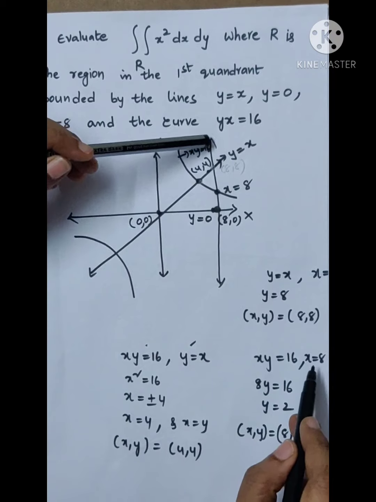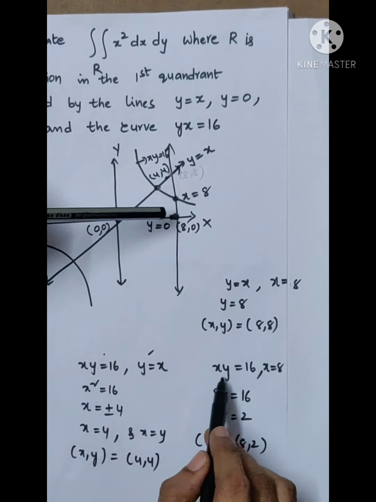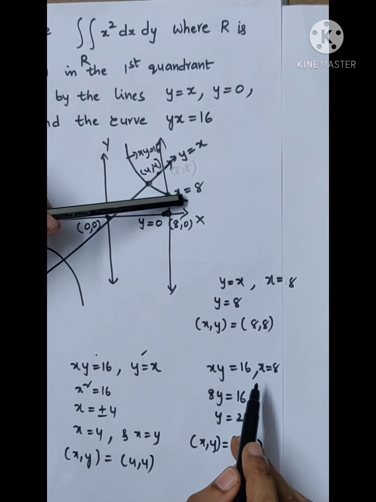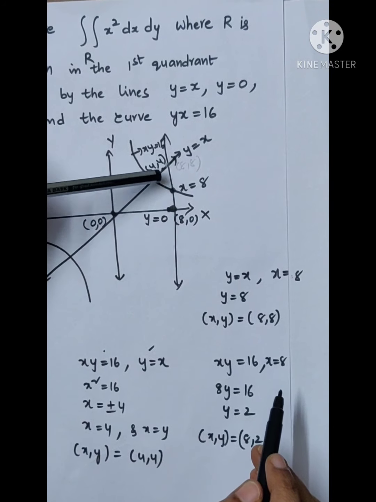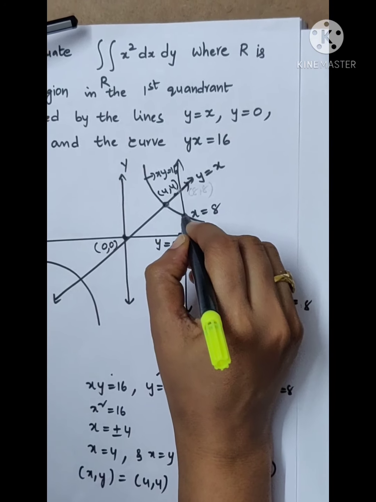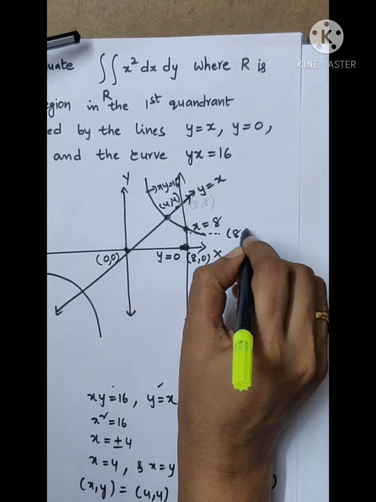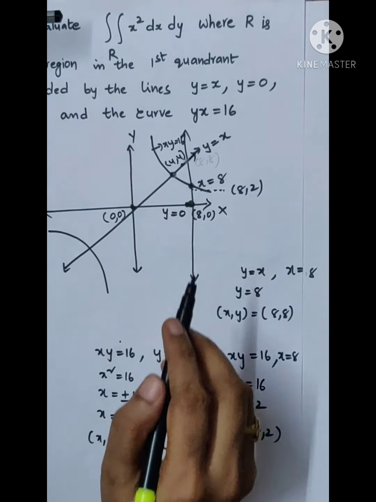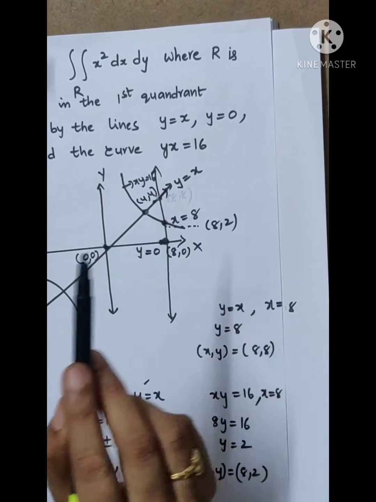By solving these two equations, you get the intersecting point of the curve xy equal to 16 with the line x equal to 8, that is 8, 2. So we got all intersecting points of these curves.